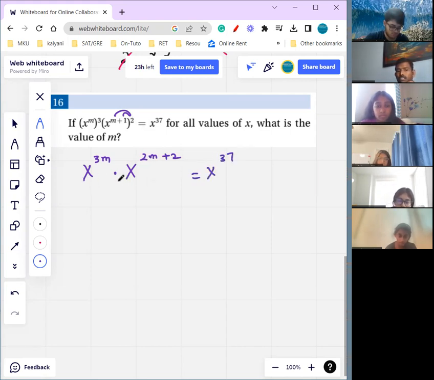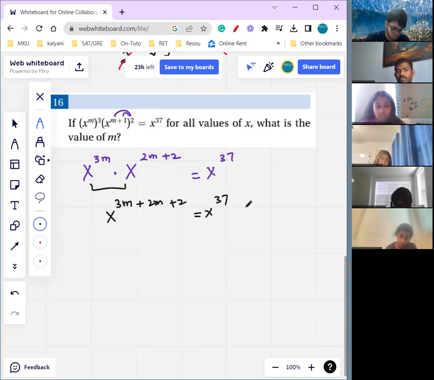One thing I see is that all the bases are the same, so probably I can just make an equation out of this, or I'll write one more step for you guys, and then we can find a simple way. Now, since you have the same base, add the exponents, which is 3m plus 2m plus 2, which is x to the 37.